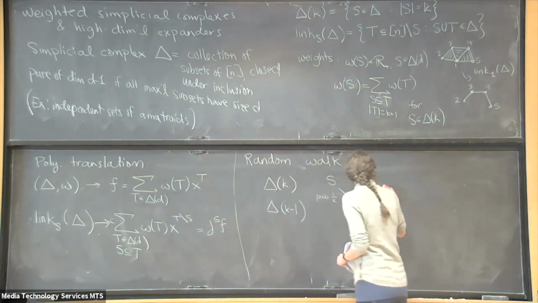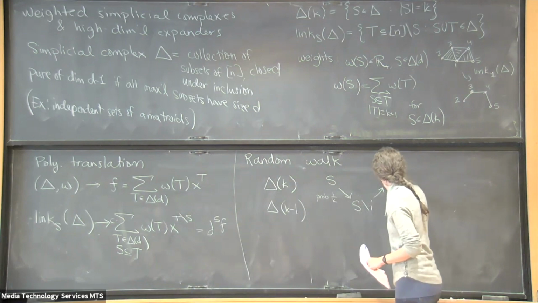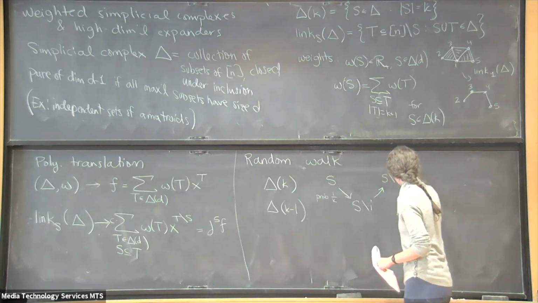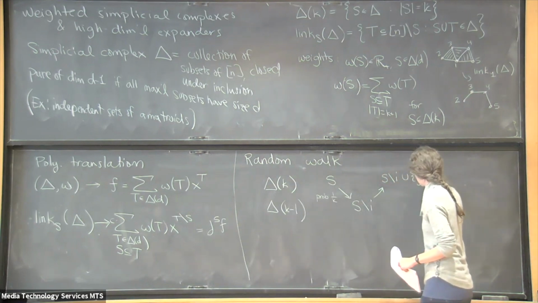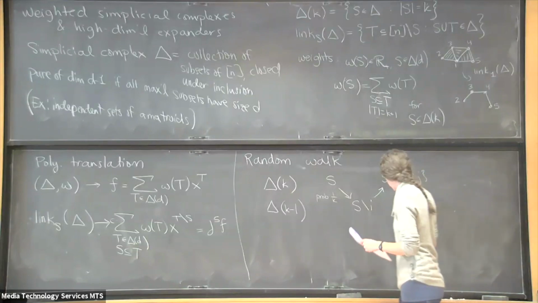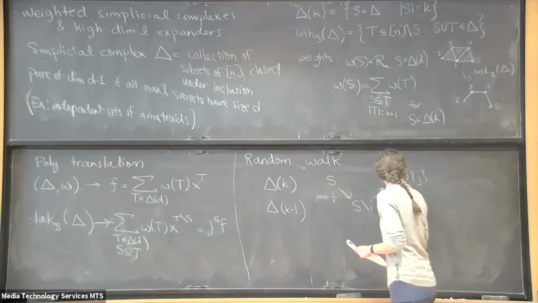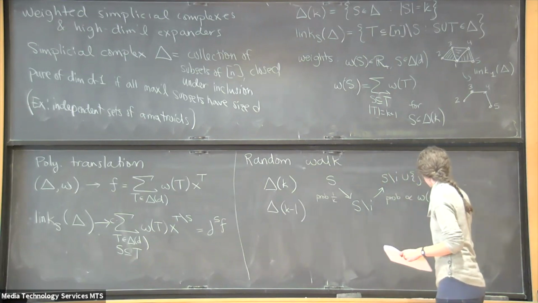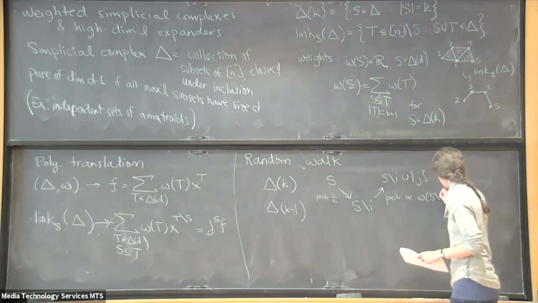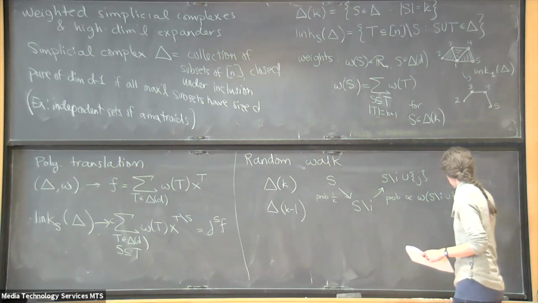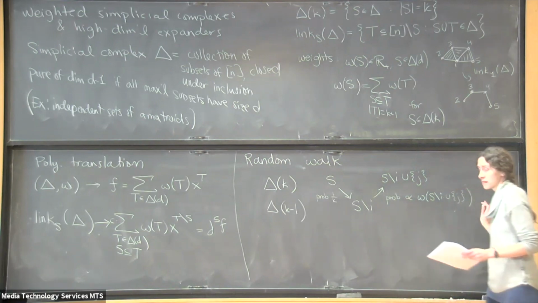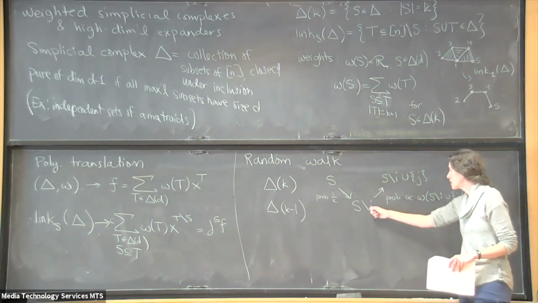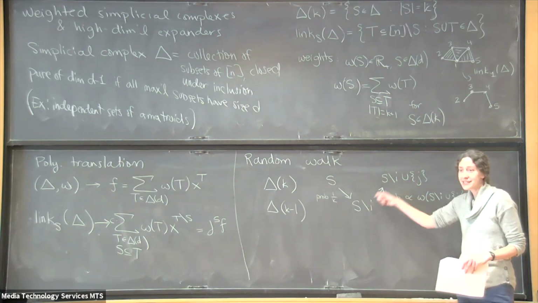And then I'm going to add an element back in, but I'm going to do so with probability proportional to the weight. So I look at all the potential subsets that contain this of size 1 more.